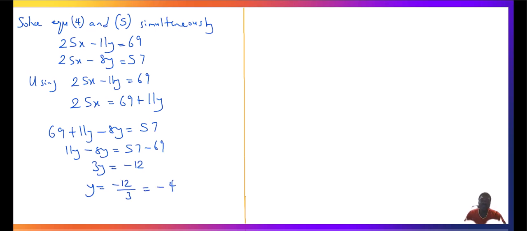So I've been able to get my y, so we can go ahead and get our x. So how do we get our x? Using 25x = 69 + 11y. So I have 25x = 69 + 11 into bracket -4.